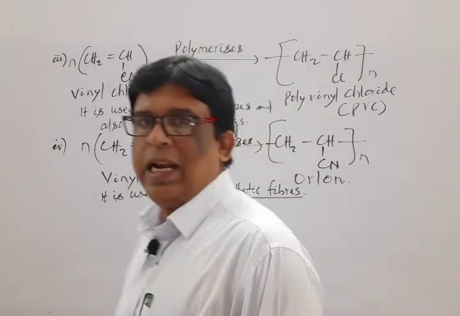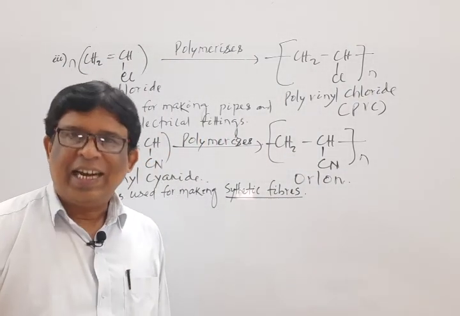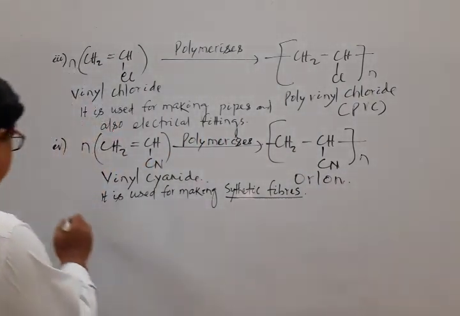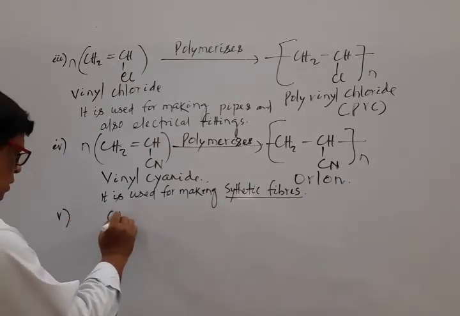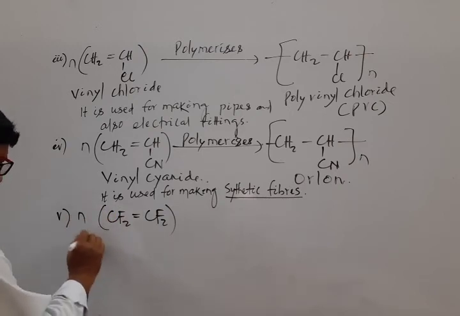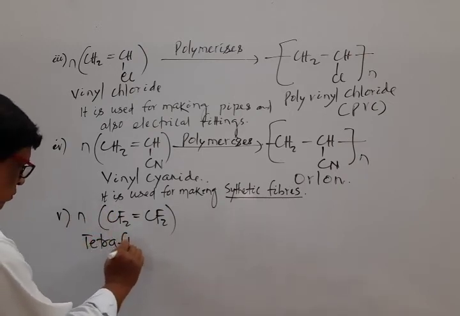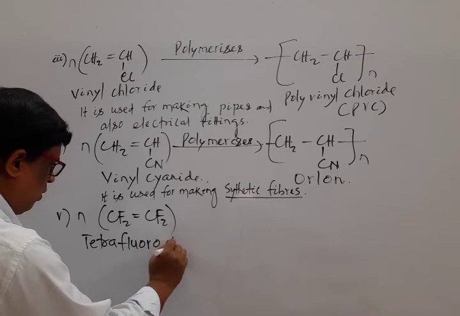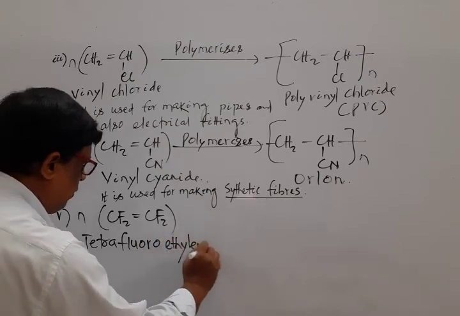Okay. Select one more example, that is tetrafluoroethylene. Mark that. Another example, CF2=CF2. It is tetrafluoroethylene.